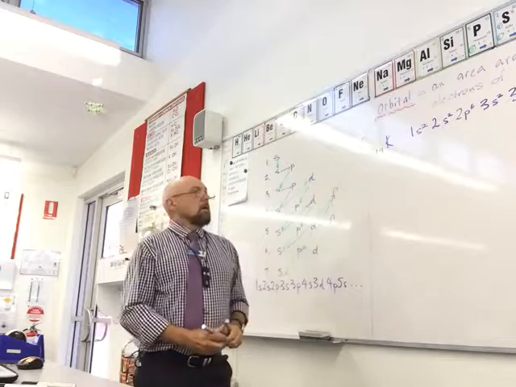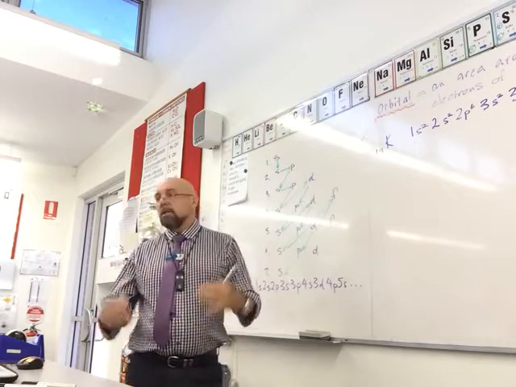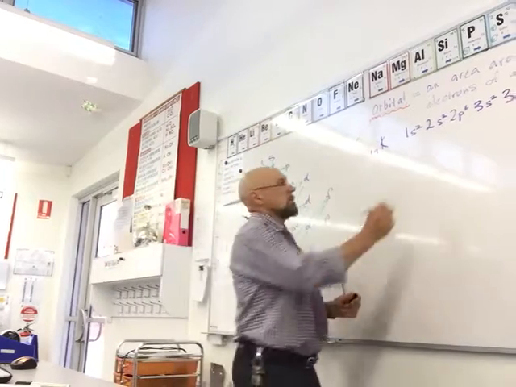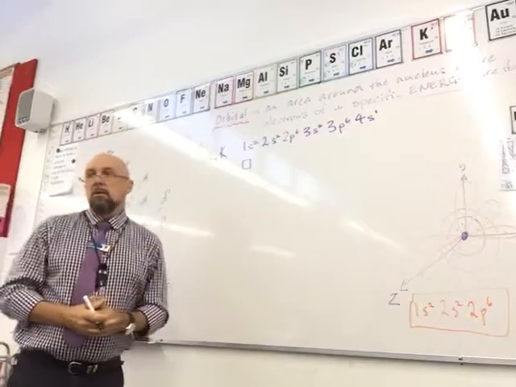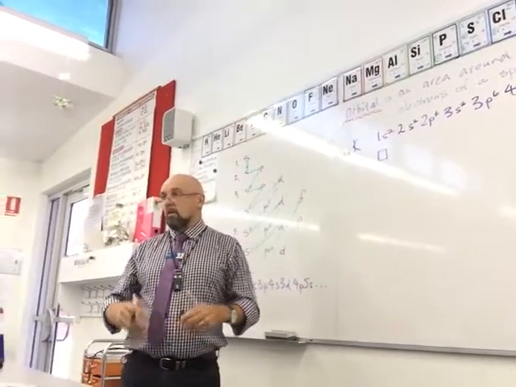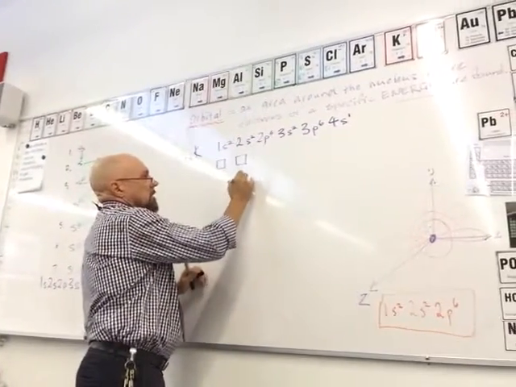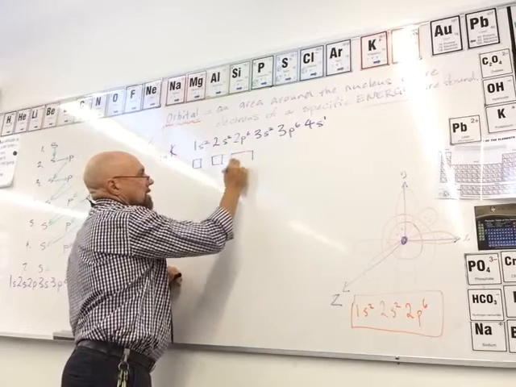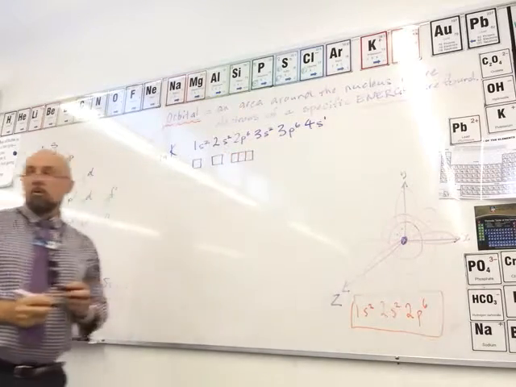Okay. What I'm going to do now is draw little boxes to indicate the orbitals. So this would be an orbital. In the s subshell, there's only 1 s orbital. Here, same. But in the p subshell there are 3 orbitals.